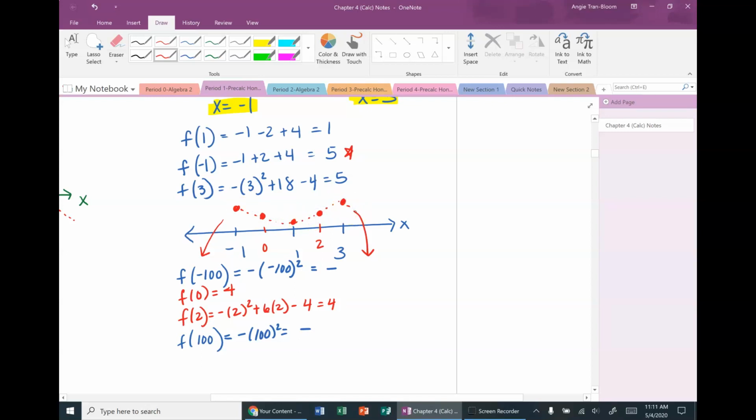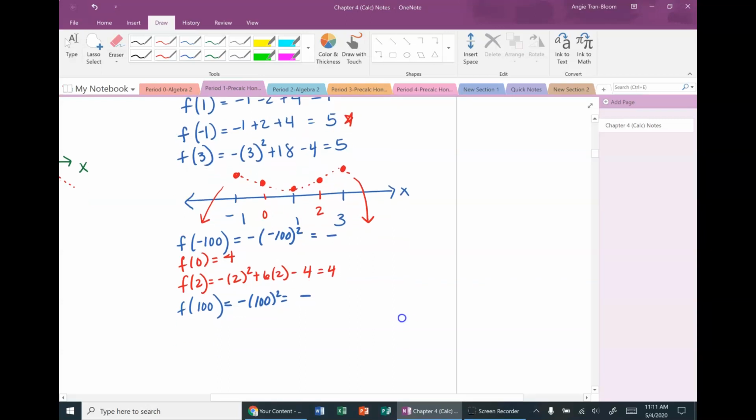See? It's not bad. So it looks like you have an absolute maximum. Okay? All right. Absolute maximum looks like they're both 5, 5 at 2 locations: x equals negative 1 and positive 3.